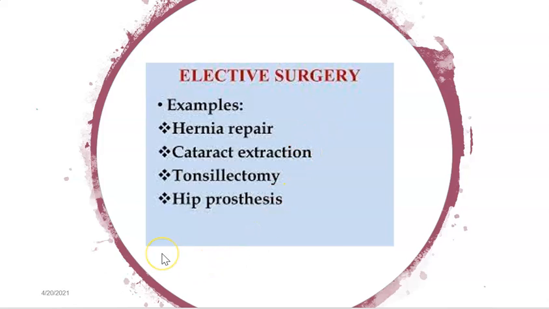And then there's different types of surgery. So I want you to really know the different types of surgery. I gave some examples of some elective ones here. With these particular surgeries, you have to remember that even though a hernia is unfortunately painful, and cataracts, of course, are going to cause visual deficits, those are optional surgeries.